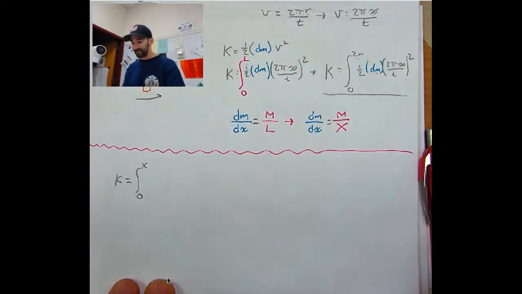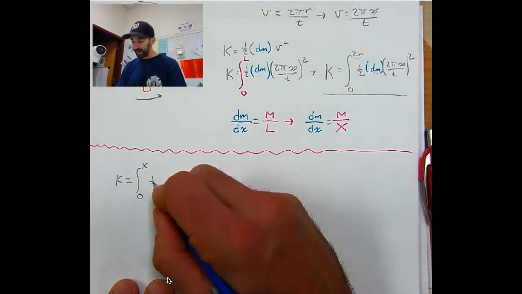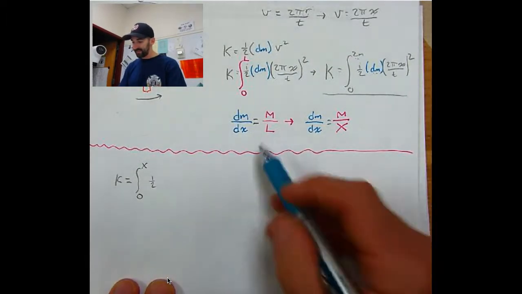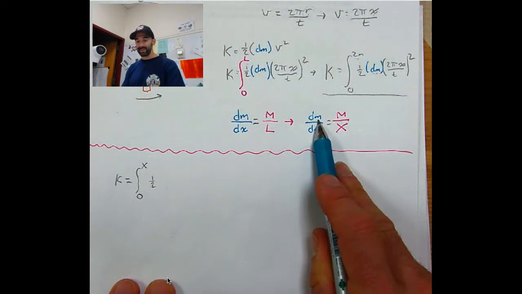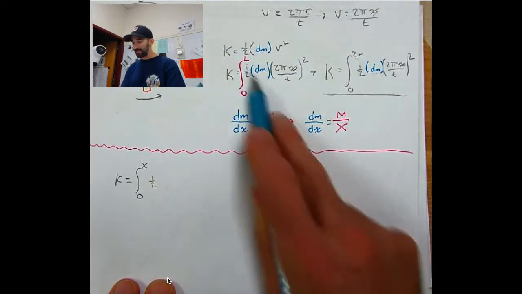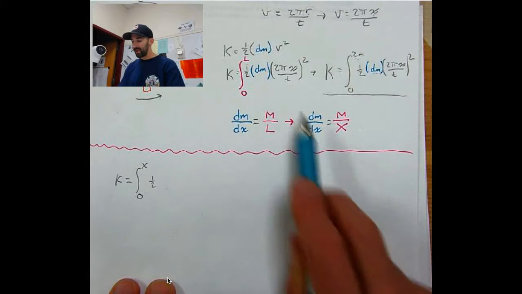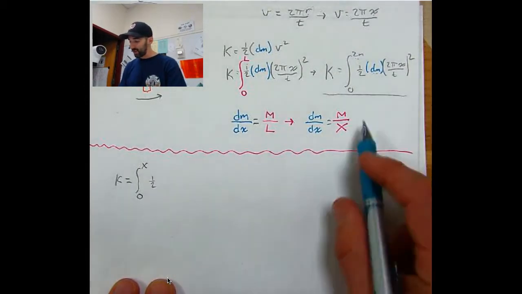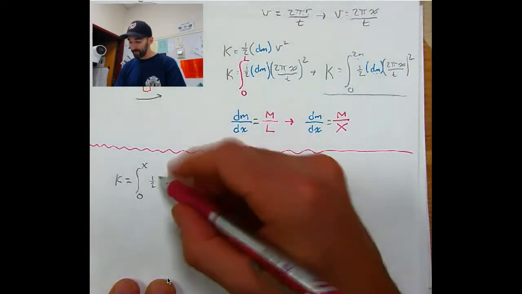In this case, it's just 2 meters. 1/2 times dm, well, we can see my dm. dm, I need to sub in, and I want it to be in terms that I can integrate with. So dm is equal to m over the entire thing, dx.